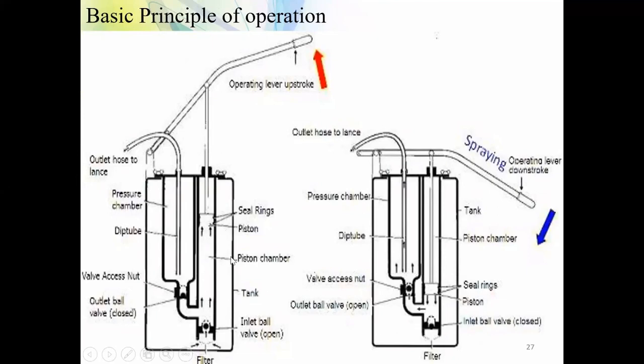By the pressure difference, these valves open and facilitate the flow of liquid from the chemical tank, and finally to the pressure chamber, and the pressurized liquid is moved by the hose and finally to the lance and emitted out from the nozzles.